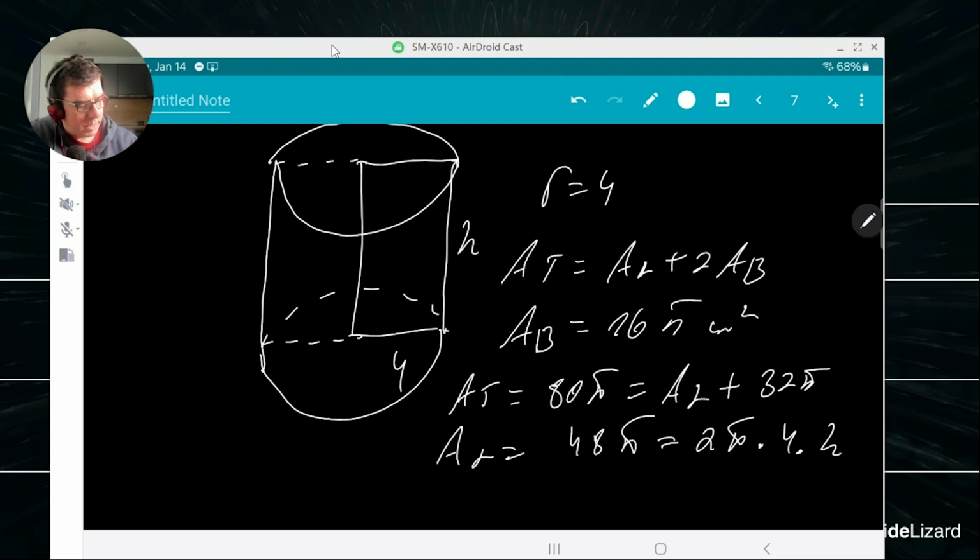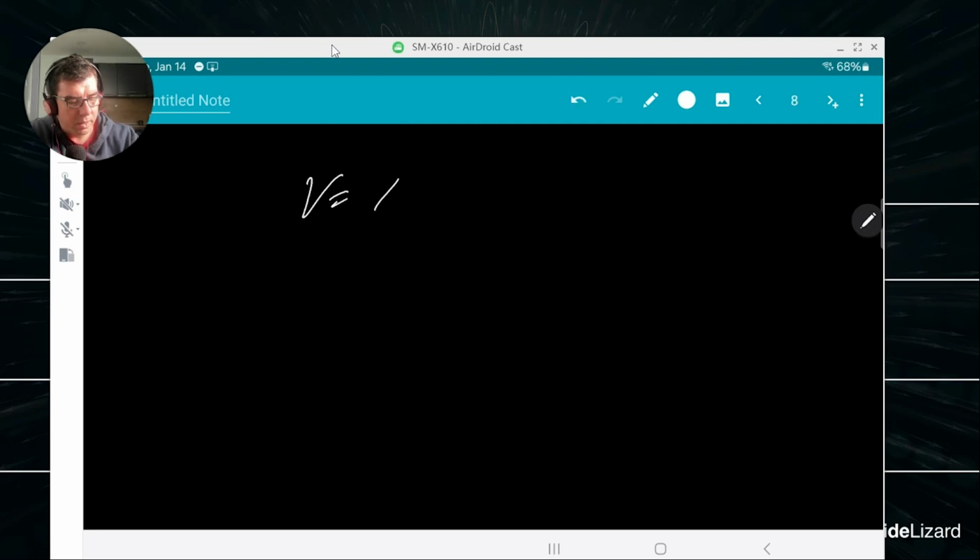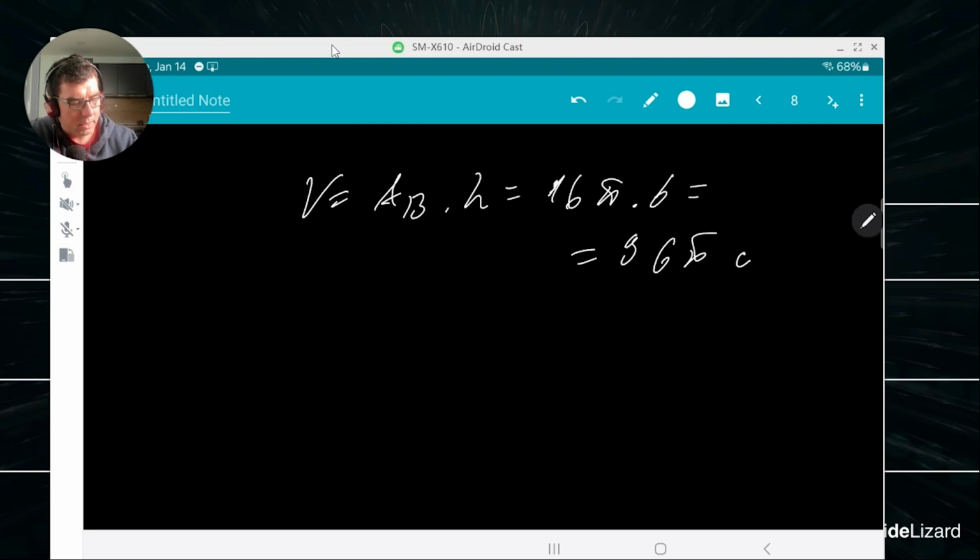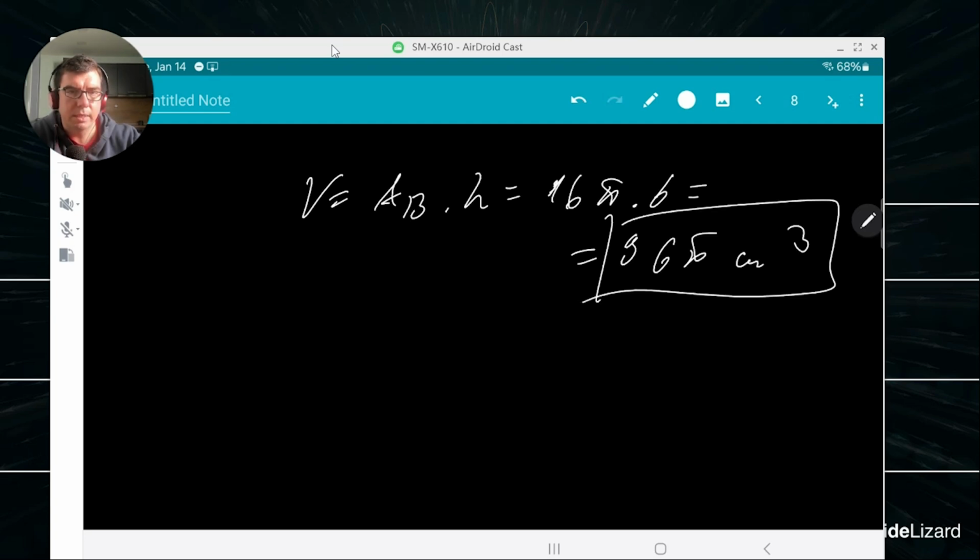So h equals 48 pi over 8 pi, 6 centimeters, and then the volume is the area of the base times the height, which is 16 pi times 6, 96 pi centimeters cubed, and that's the answer.